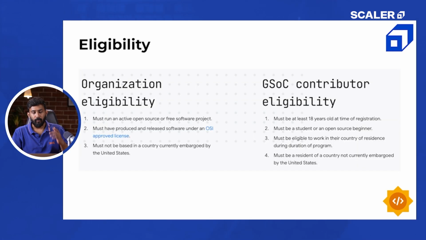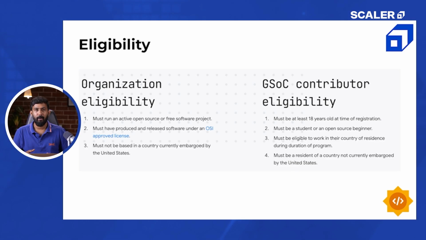Now, moving on to the eligibility. These are the things you get as a benefit, but are you eligible to apply or propose yourself for a particular project in GSoC? Organization eligibility is not required for us because we are contributors, but still, they should have an active open source project or a free software project. It should not be closed source.